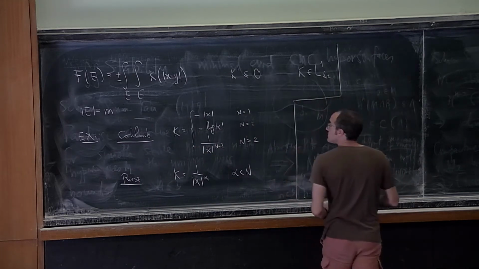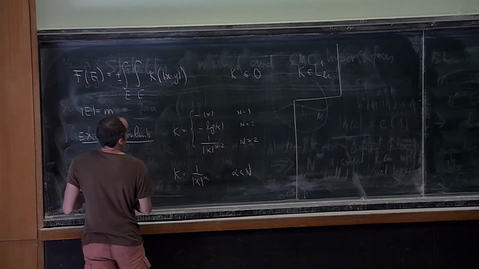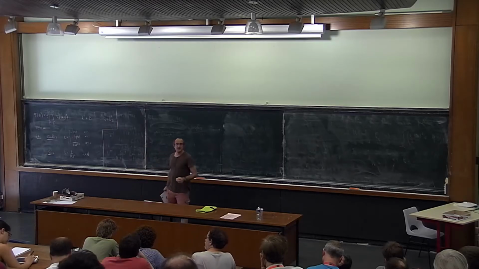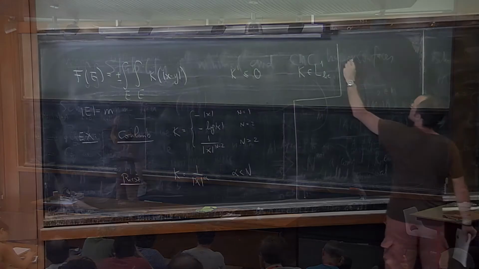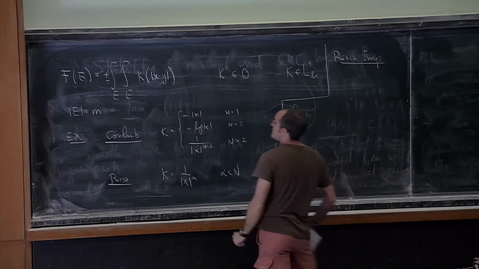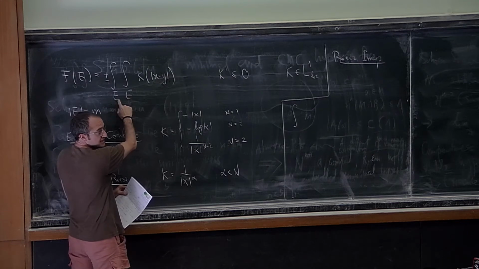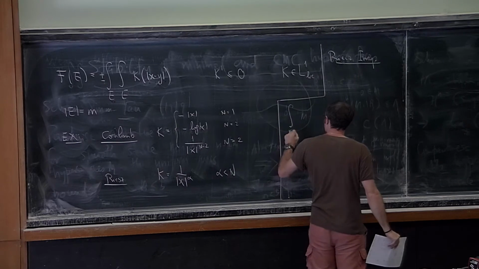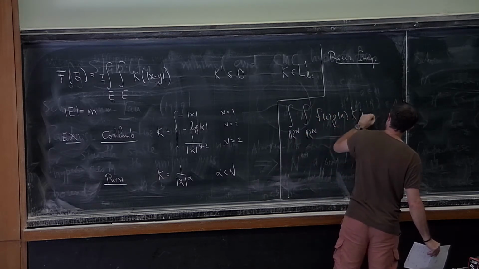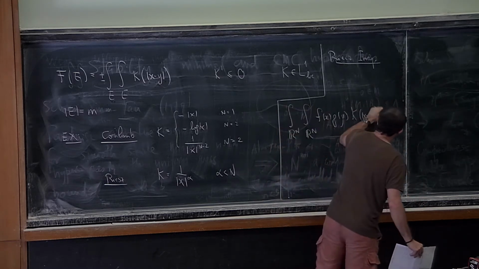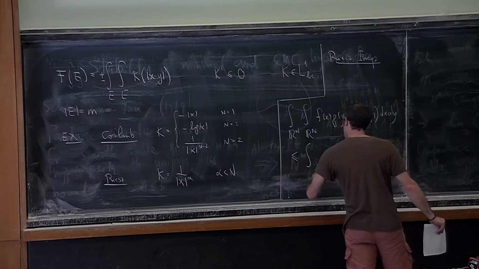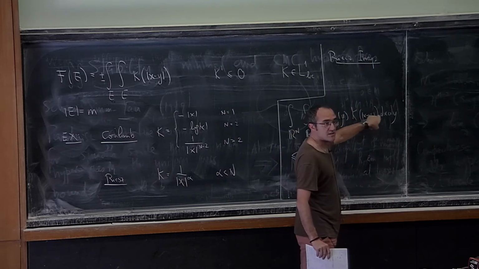Before stating a result, there is an important tool in this type of problem, which is the Riesz inequality. It says that if, instead of taking here the characteristic function of a set, so integrating on a set, I integrate on the whole of R^n, but I take two functions f and g, with k of x minus y in between, so that in particular this reduces to my energy when f equals g equals the characteristic function of E, then this in general is less than or equal to the same energy with the symmetrized functions. The kernel is already symmetric, since I assume it depends only on the distance.